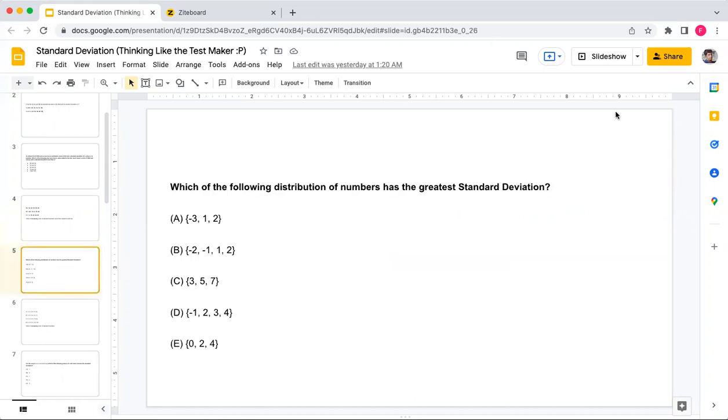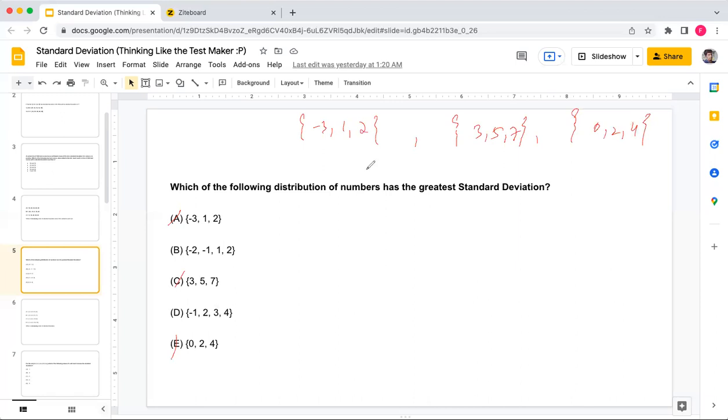Yeah, this question will clear all of your doubts. The first question is saying: which of the following distributions of numbers has the greatest standard deviation? First of all, see that these have the same number of elements. One is -3, 1, 2. One is 3, 5, and 7. And one is 0, 2, and 4.